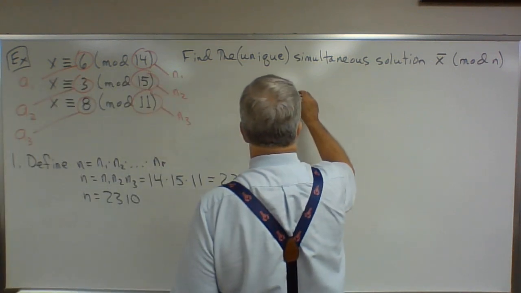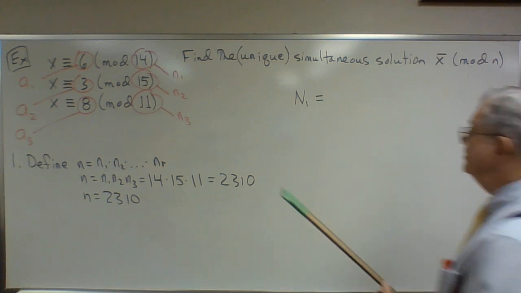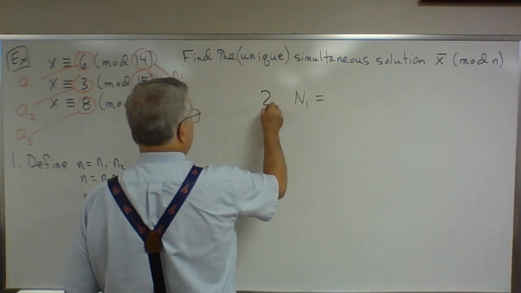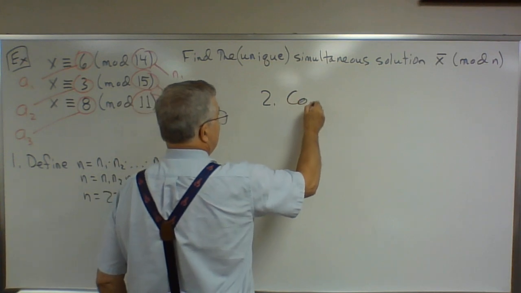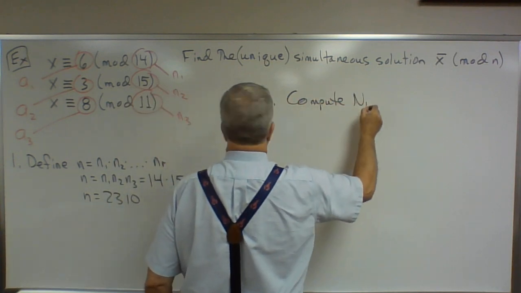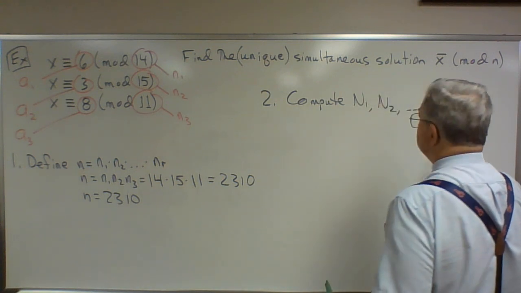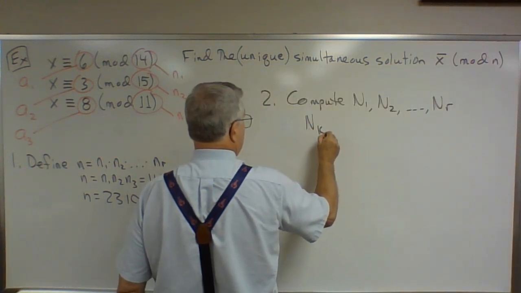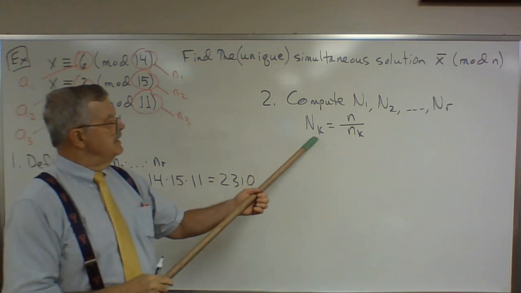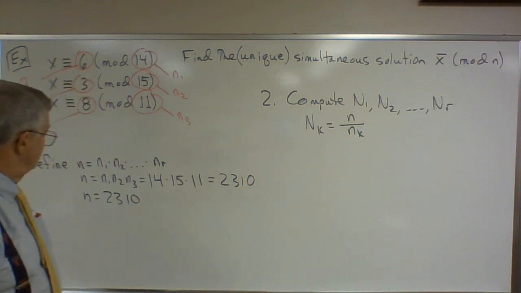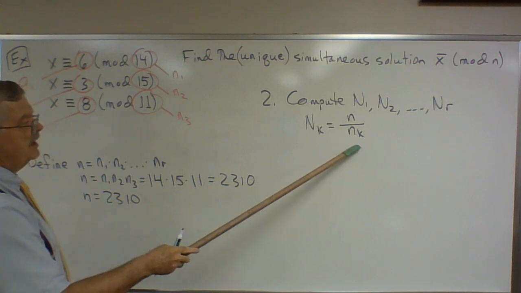And now we want to compute capital N sub 1, 2, excuse me, we compute our capital N sub k's, and this is just little n divided by little n sub k, or it's the product of all of the n sub i's except n sub k.